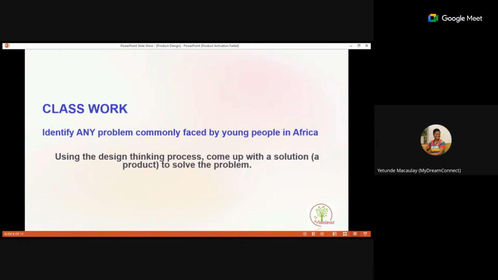So please choose a project lead, choose a scribe, and then let's create a product that can solve at least one problem that you all will agree to work on, that can solve part of Africa's problems.